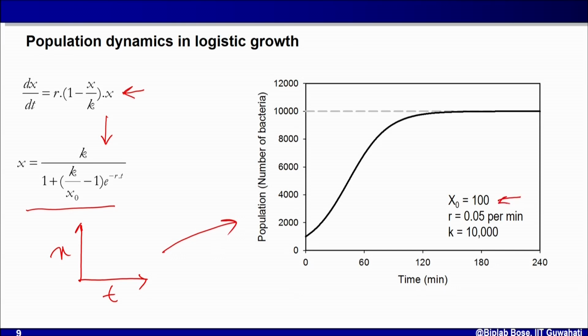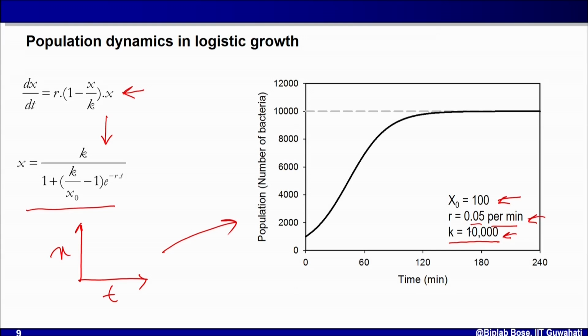Just like in the earlier example, we started with 100 bacteria. The rate constant for growth R is 0.05 per minute. Remember, this is the rate constant, not the rate. K is the carrying capacity, that means 10,000 I have taken. That means my plate or my fermenter can accommodate only 10,000 bacteria.